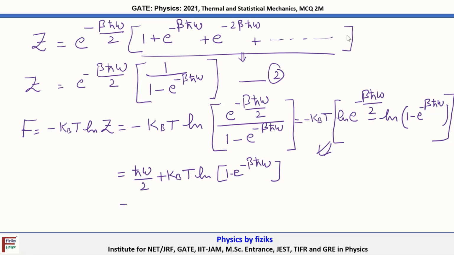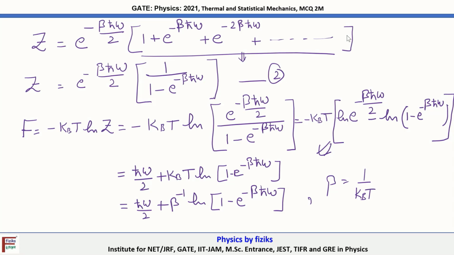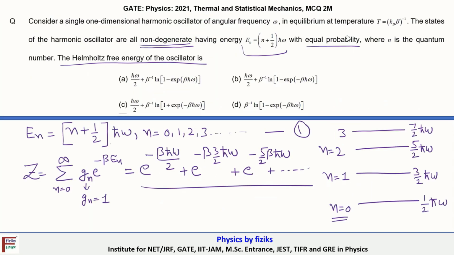This can be rewritten as h cut omega by 2 plus beta power minus 1 ln 1 minus exponential minus beta h cut omega, where beta is equal to 1 by k_B T. So this is our final expression for the Helmholtz free energy, and this matches option B: h cut omega by 2 plus beta power minus 1 ln 1 minus exponential minus beta h cut omega. So this is the correct one.